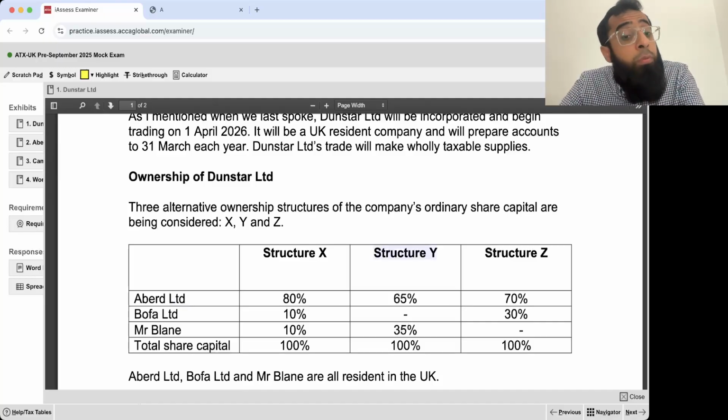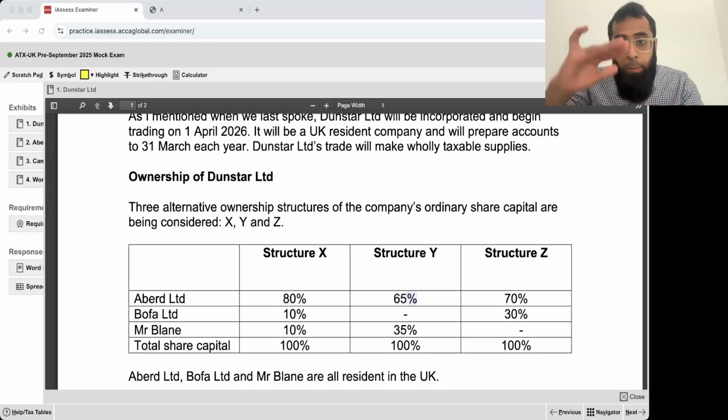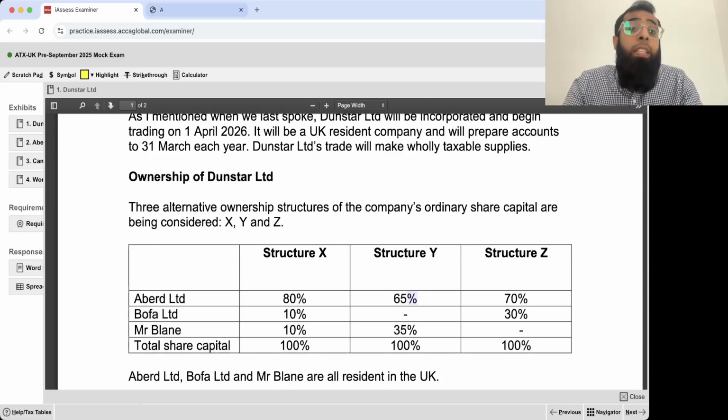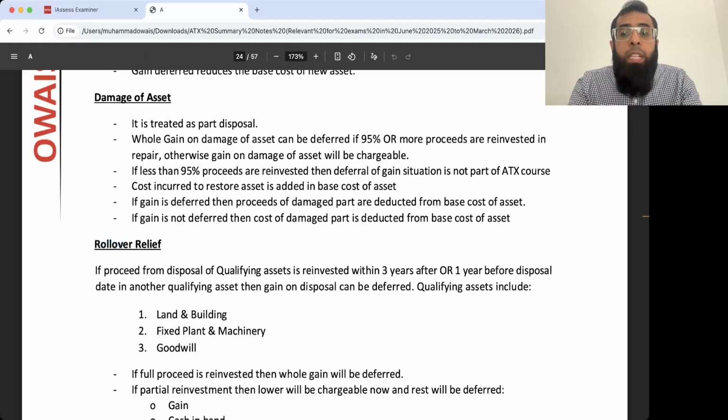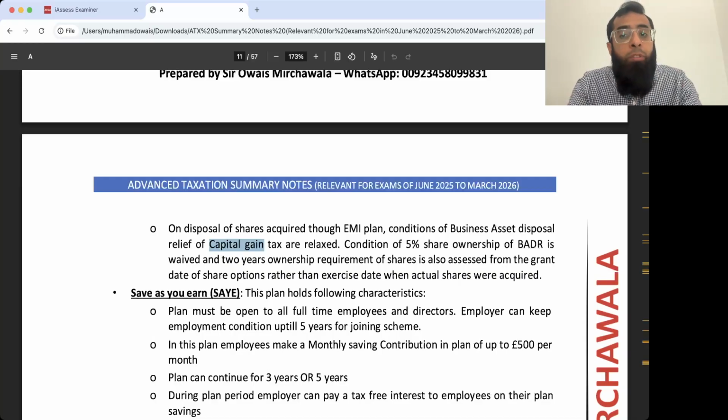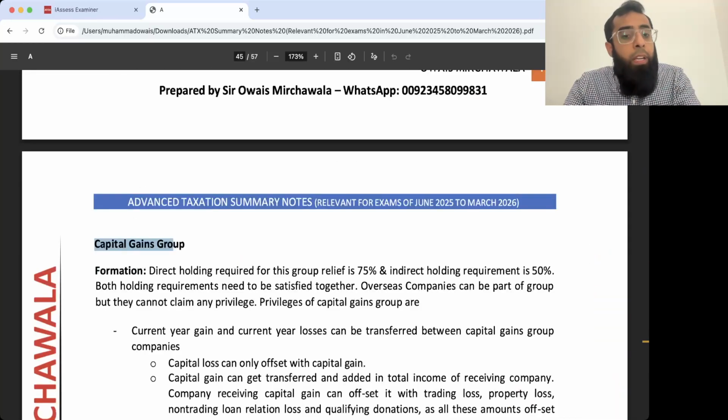Then structure Y: Abrid Limited will own 65% of the shares. Now when Abrid Limited owns 65% shares, a capital gains group or 75% group cannot be formed because direct ownership is less than 75%. Again, if you don't remember the rules, just go to the notes and write capital gains group. Here you go.